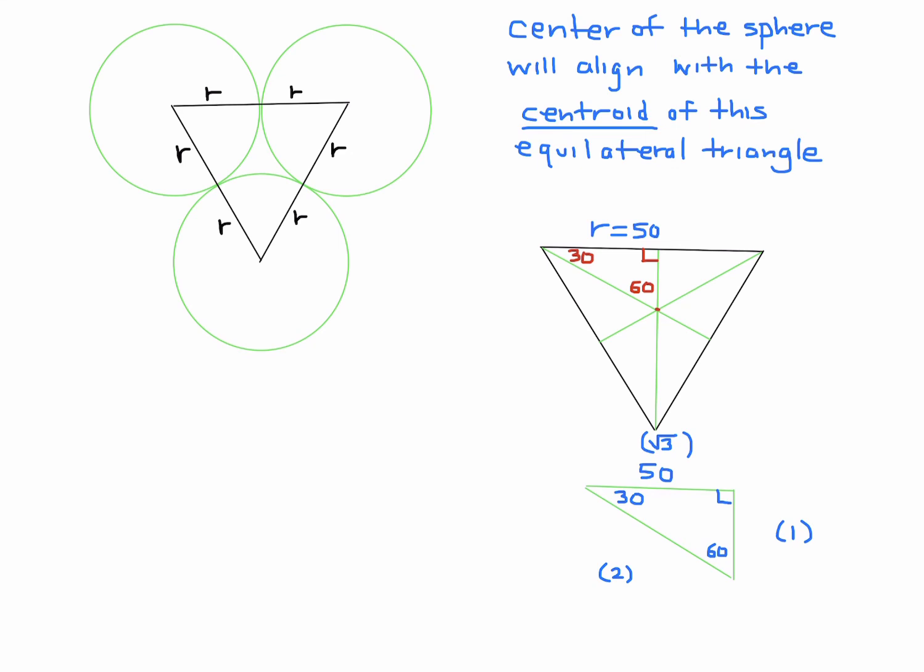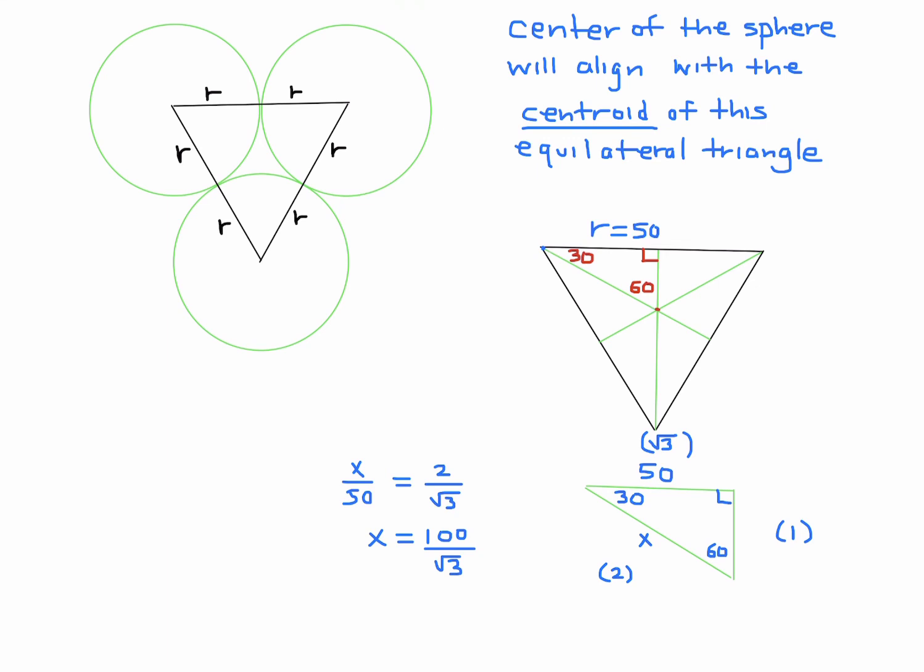That side, if I call it x and use the ratios, x over 50 is equal to 2 over root 3. So therefore x is equal to 100 over root 3. So that represents the distance from the vertex of the triangle to the centroid, and that is going to help us later in the question.